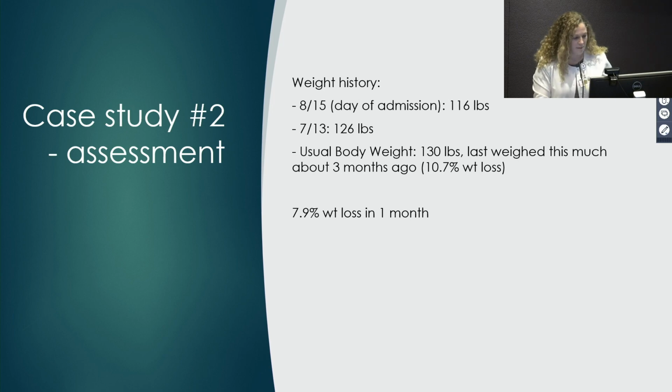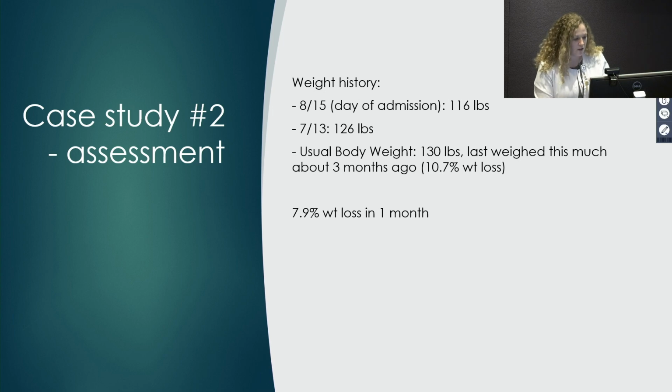So when I start my assessment, I look at that weight history. She didn't have a lot in her weight history, but it did go back at least a month, and I saw the month before she was 126 pounds. So 10-pound weight loss, which equals out to about 8% in the past month, which is actually severe. I think that's in the severe category.